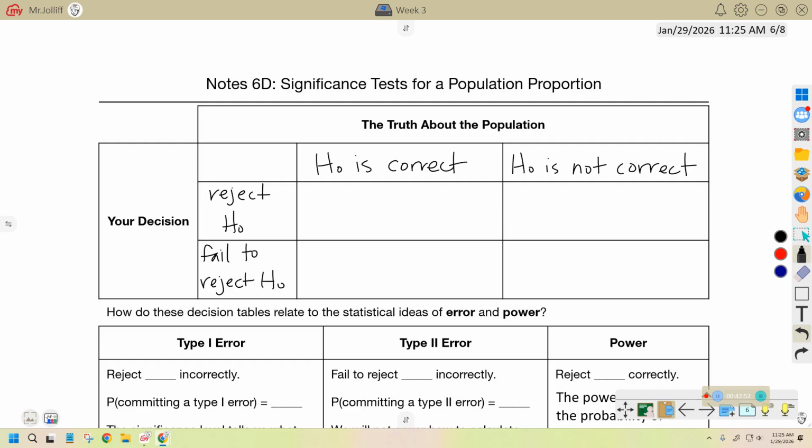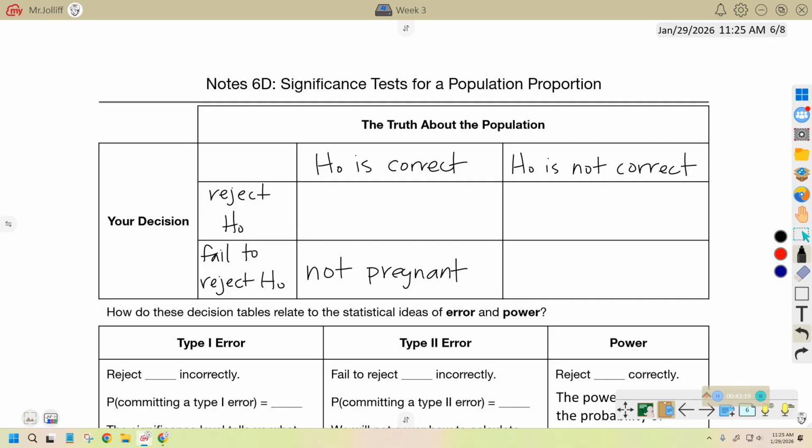All right, we'll start with the boxes where we had happy faces before. So the lower left, I fail to reject, and H0 is correct. What happens there? What is the truth of the situation? Not pregnant. Good. I'm not pregnant.